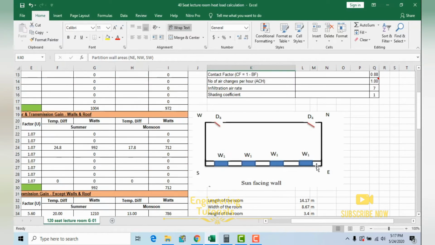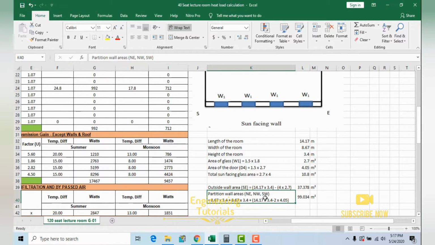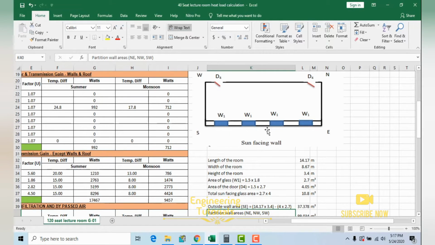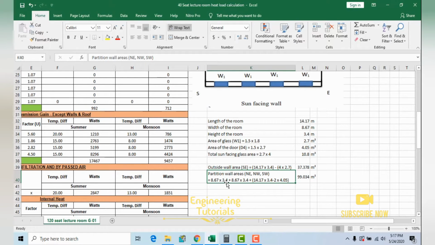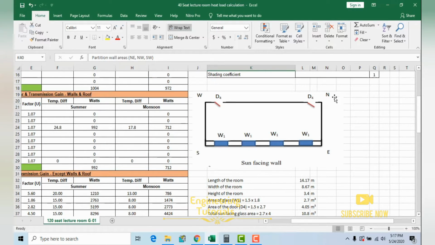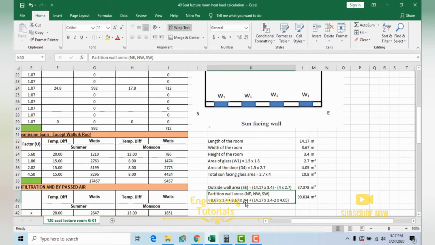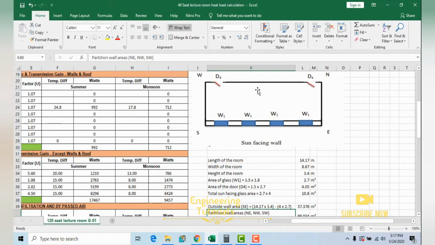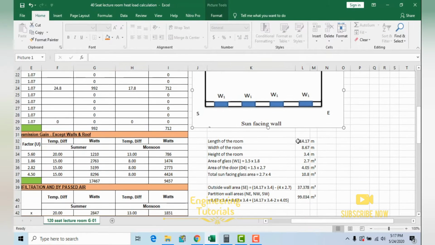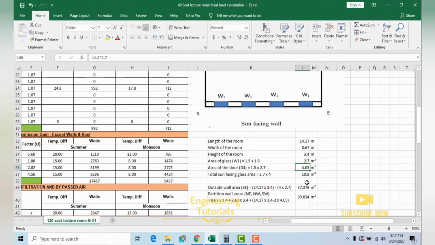And the partition walls, we have northeast, southwest and northwest. So this partition wall, this is 14.17, this is 8.67. So two walls 8.67. So 8.67 into ceiling height 3.4, and the other wall is also 8.67 into ceiling height 3.4 plus the third wall over here, but we need to subtract the door area D4. 2 doors we have, one door is 4.05, you need to multiply with 2.